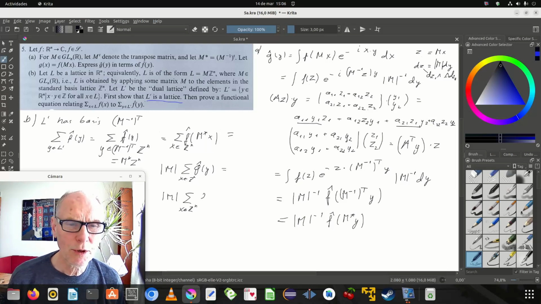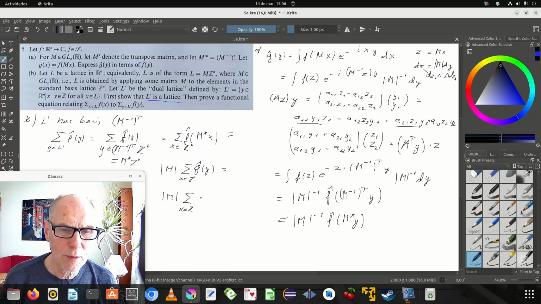Now, what was the point? We first have to use Poisson's summation formula, and then we can insert what g is. And this is just the sum over the lattice.